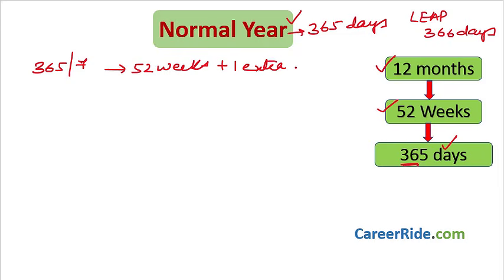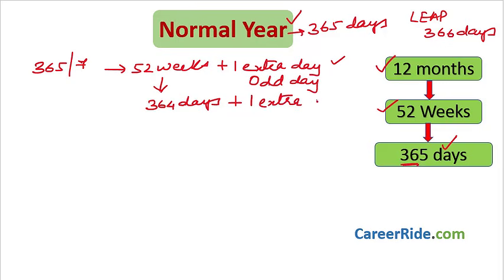One extra day, which I also call an odd day in this chapter. For the purpose of this chapter, this day, which is the extra day that doesn't become a part of the week, is called the extra day. So these 52 weeks form 364 days, while this one extra day is left with us.